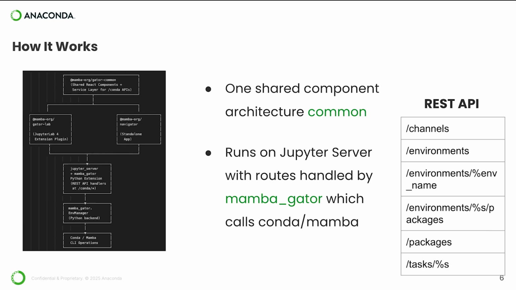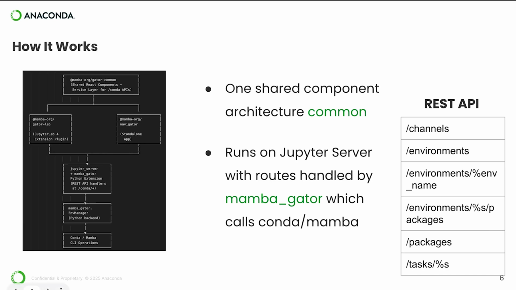Basically, everything that you see on the screen is likely to live in this common package, and that is used by both the JupyterLab extension, GatorLab, and the standalone app, which is Navigator. They use the exact same UI code, and so you build features once, and that works in both places. It applies when you launch JupyterLab, and also when you are launching the standalone app via the Gator command.